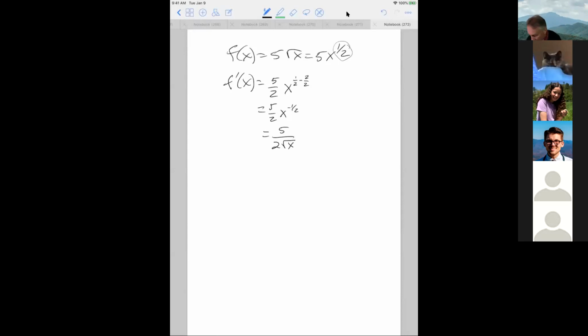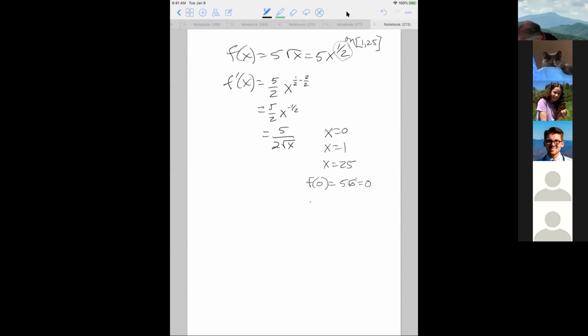So we've got a critical value at x equals 0, and we have the interval 1 to 25. So we've got x equals 0, x equals 1, and x equals 25. Plug these three into the function and see which one's the largest and which one's the smallest. The original function was 5 times the square root of x, so f of 0 is 5 times the square root of 0, which is 0.